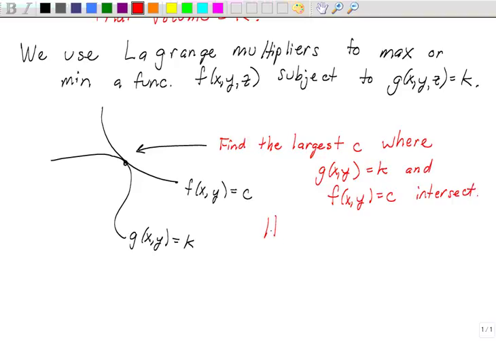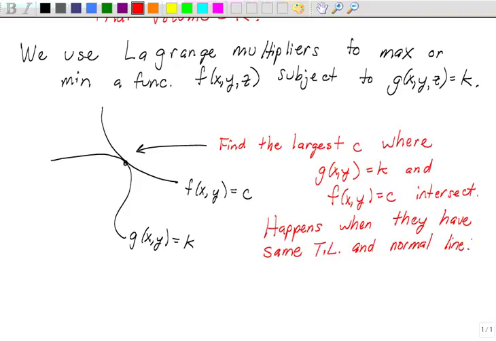And this happens where they have the same tangent line and normal line. So the gradient vectors are parallel here.